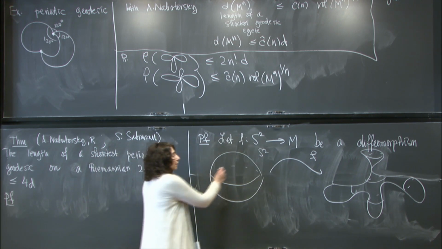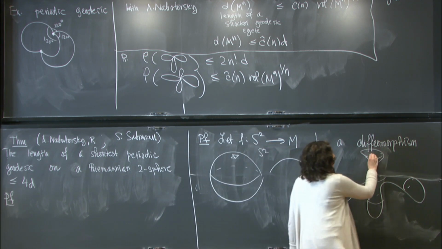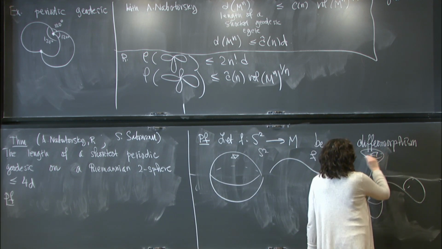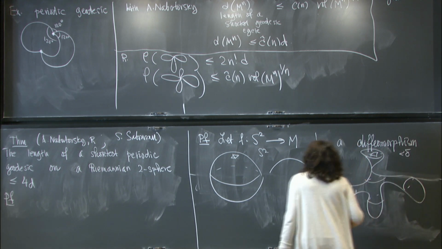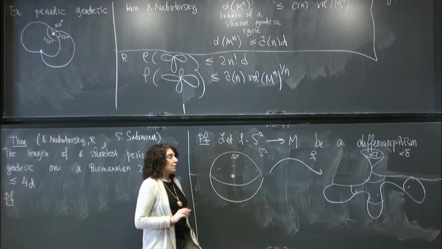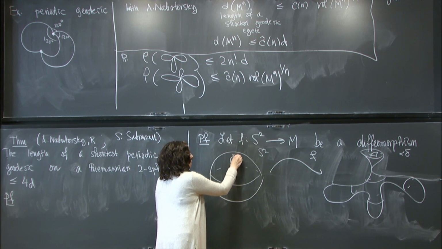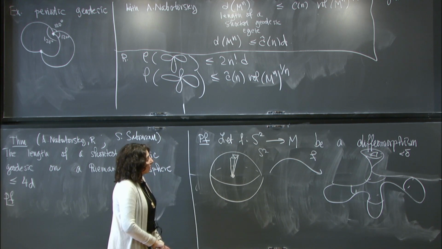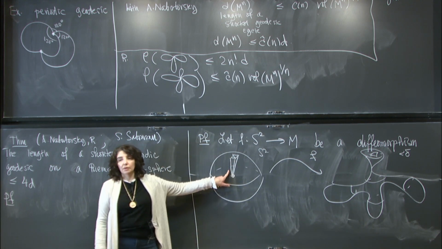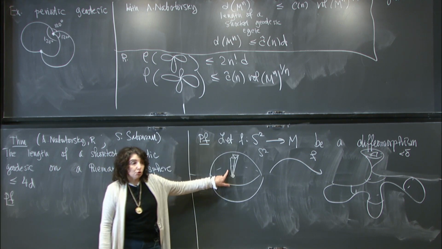So first, let me triangulate S2 into really fine simplices, so that the diameter of simplices in the induced triangulation is less than delta. And I'm going to triangulate the disk D3 as a cone over S2. And I'm going to try to extend the map F to D3. And of course, I should fail. And as an obstruction to this extension, I'm going to obtain a short periodic geodesic.